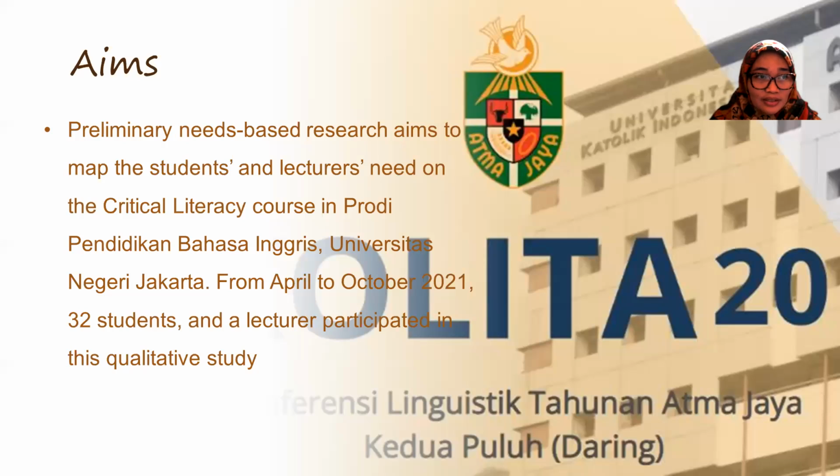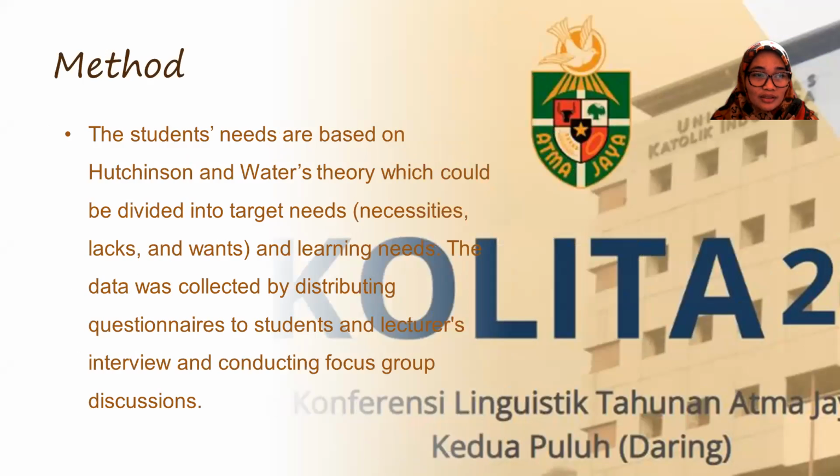So the aim of my study is a basic preliminary needs analysis to map the students' and lecturers' needs on the critical literacy course in the English Education Study Program, Universitas Negeri Jakarta. We conducted the research from April to October 2021 with 32 students and lecturers participating in this quantitative study.